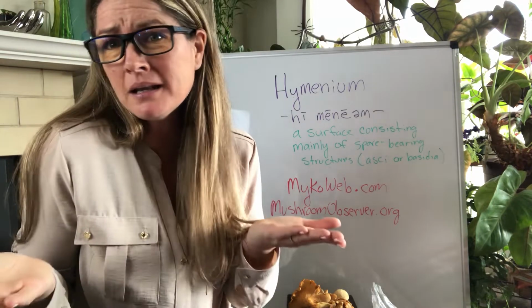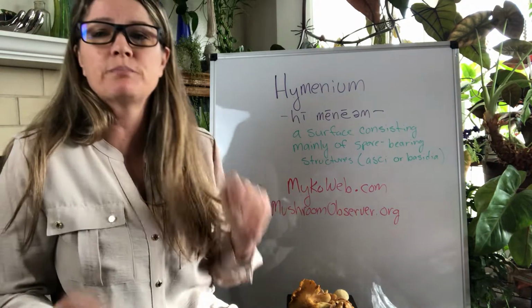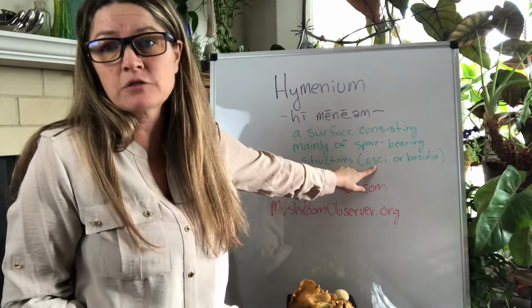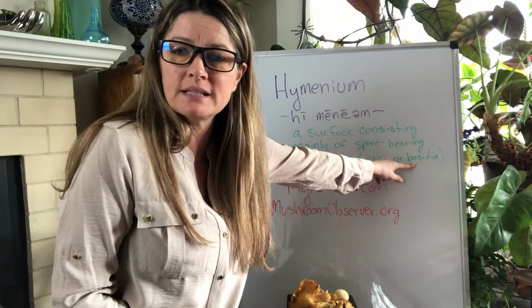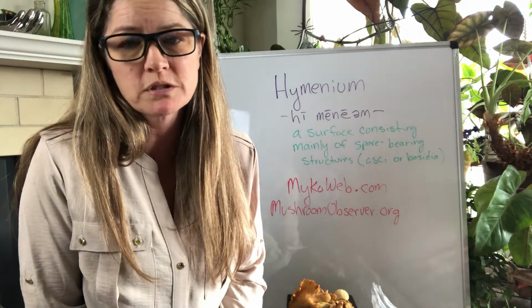What is hymenium? It's a surface consisting mainly of spore-bearing structures: asci, as in ascomycetes like truffles, or basidia, in the basidiomycetes, like the mushrooms, the cap and stem that we know as mushrooms.